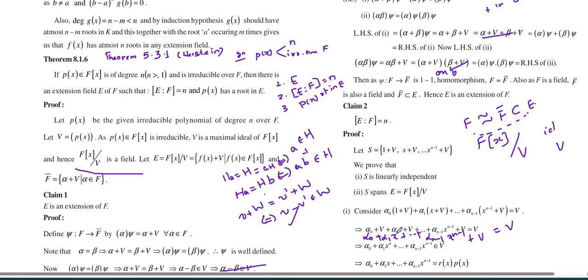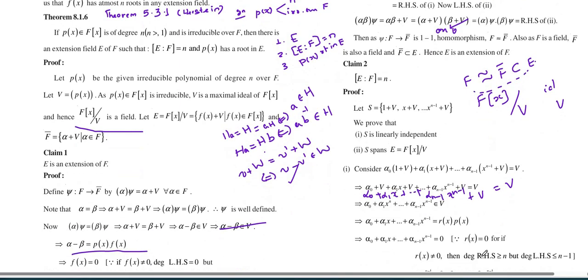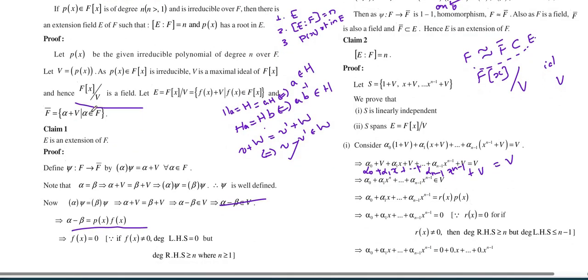In the same way we have in vector spaces also. So from that we conclude that this is a member of capital V. But capital V is generated by P of x, that we have already said. So you have this to be R of x into P of x.